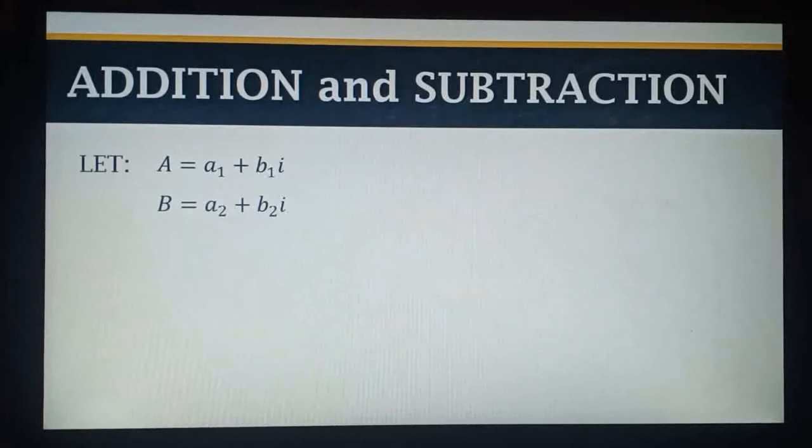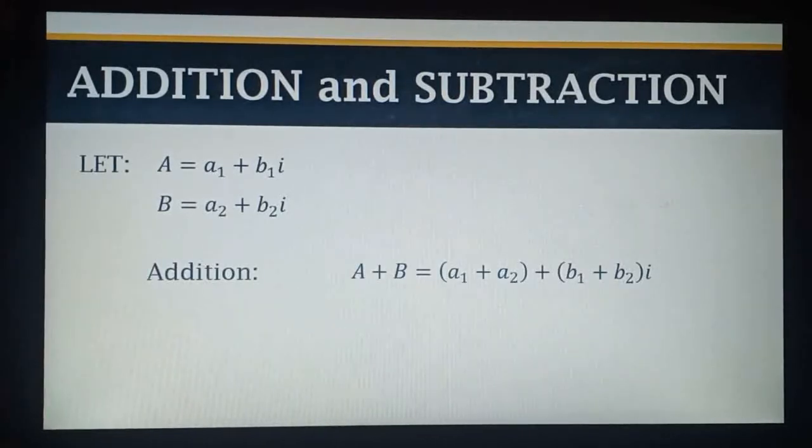Okay, let's say you have complex A equal to A1 plus B1i, wherein complex B is equal to A2 plus B2i. For the addition of the complex number, let's say you have to add complex A and complex B. Now you have to add both real parts.